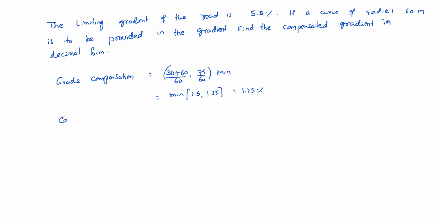So compensated gradient equals 5.8 minus 1.25, that equals 4.55%. He asked to report the answer in decimal form, so 0.0455 is the answer. Okay, compensated gradient is this much in decimal format. Similarly, one more problem.